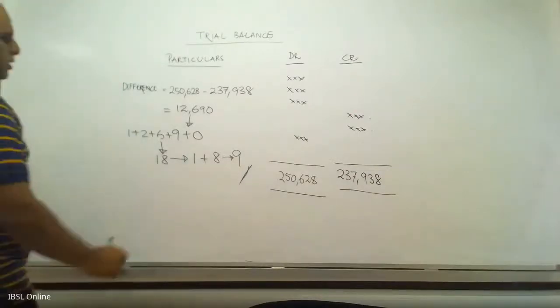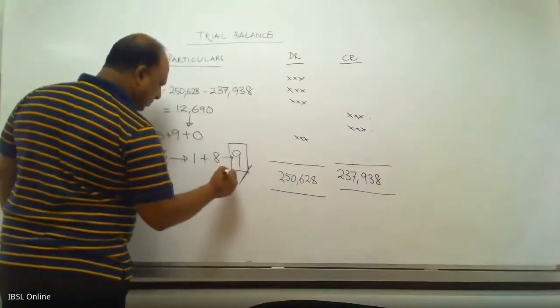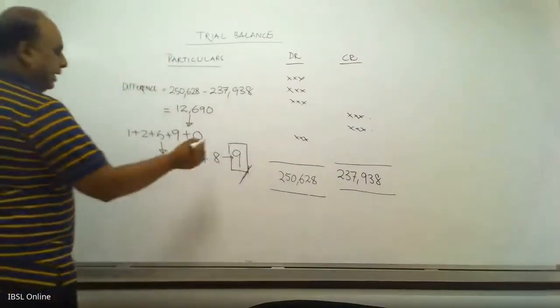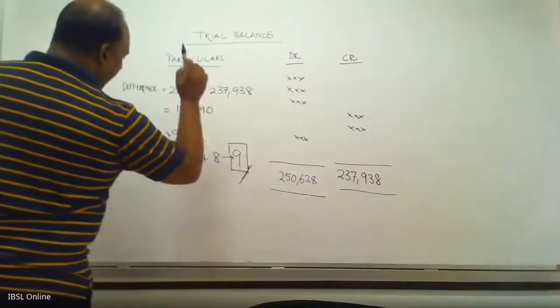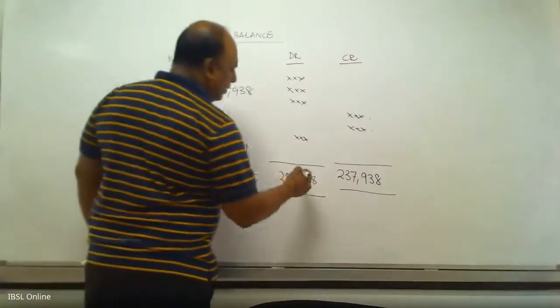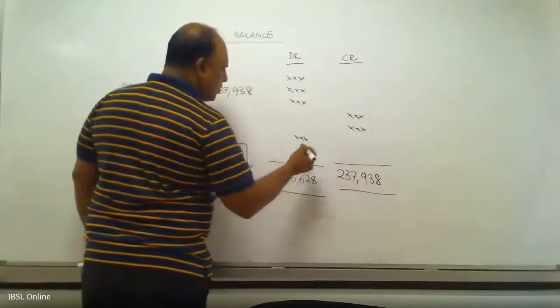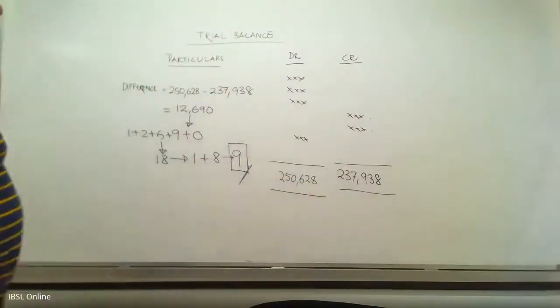And very surprisingly, if the ultimate single digit is 9, this is very specific, then we say that there is a transposition error in this trial balance.